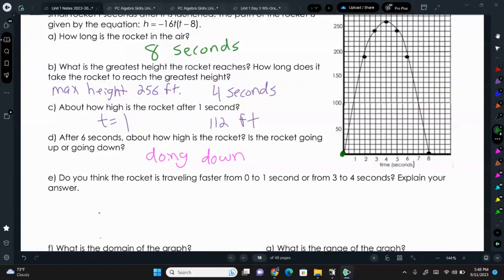So from 0 to 1, we went up by a little over 100. And then from 3 to 4, we're only going up by a little bit. Our overall height didn't change. So it's probably going faster from 0 to 1 second.